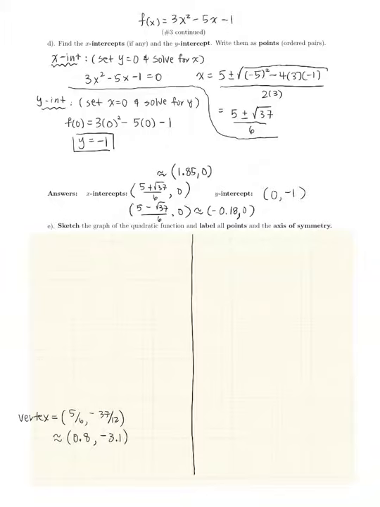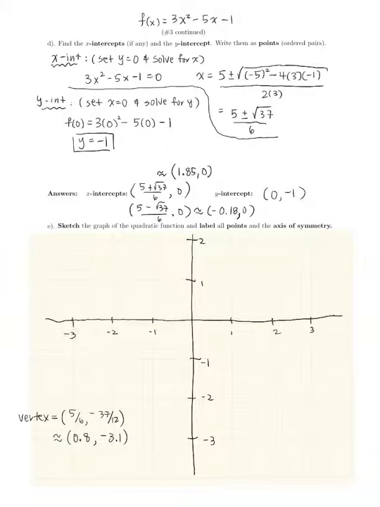I'm going to plot that approximate value. The y value is going to go to negative 3.1. So let me draw the y-axis here. I'm going to make my grid as 1, 2, negative 1, negative 2, negative 3, 1, 2, 3, and negative 1, negative 2, and negative 3.